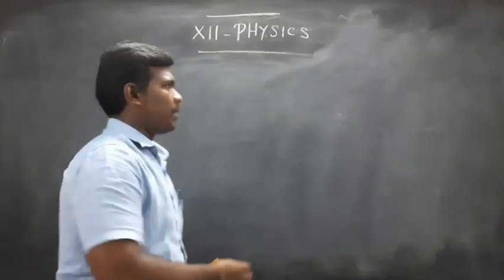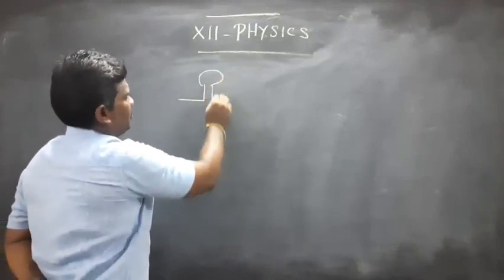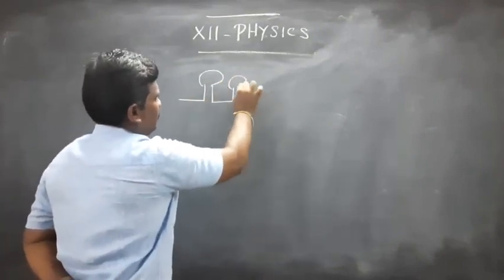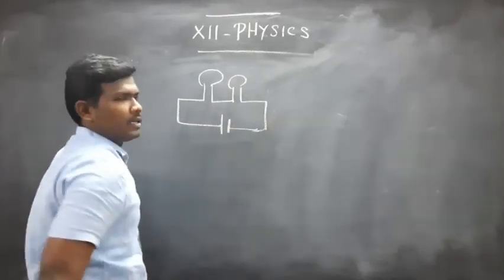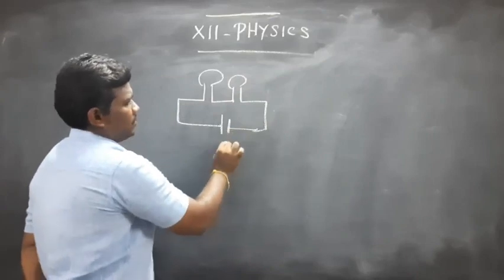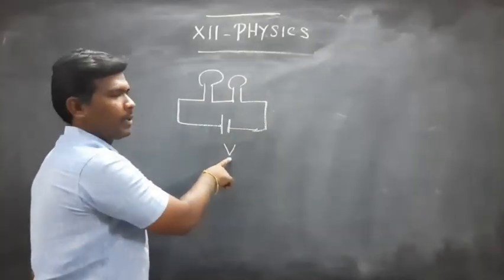For the third part, we can draw the diagram like this. The two bulbs are connected in series with respect to the power supply. V is the potential difference supplied by the power supply.